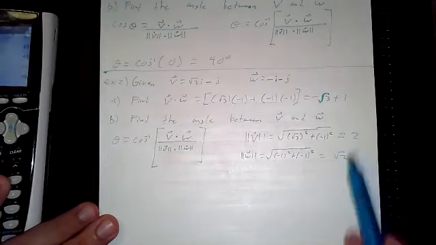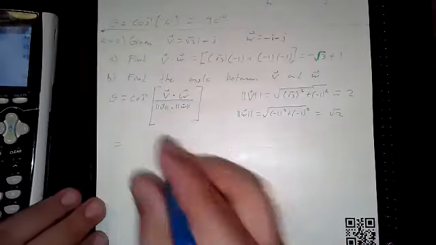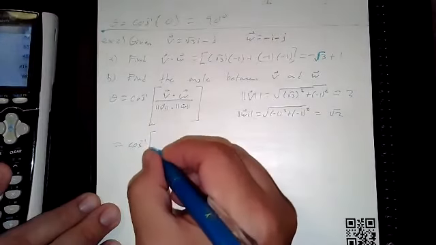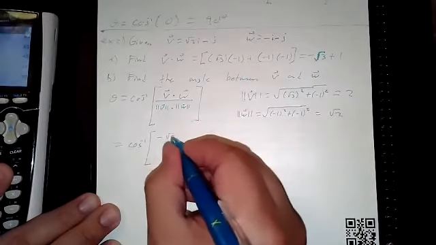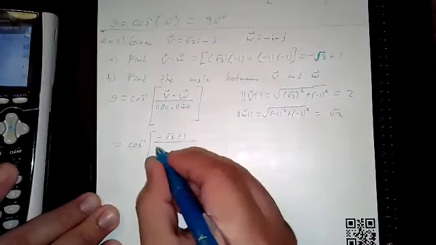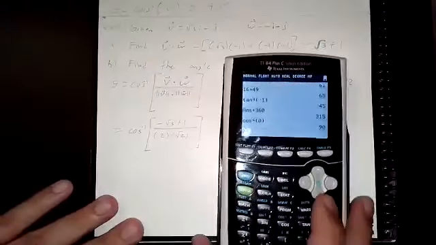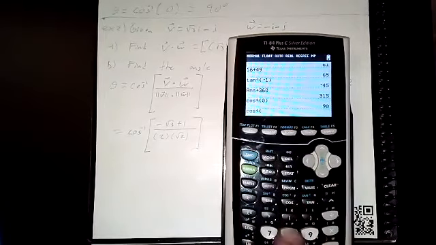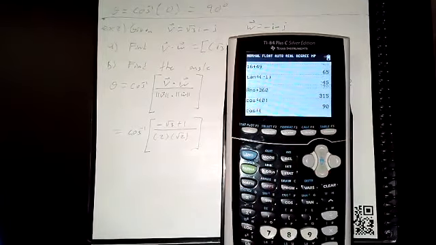So now we've got the pieces that we need. So theta will be cosine inverse of the dot product, which we did up here, negative root 3 plus 1, divided by 2 times root 2. So I'm just going to punch that whole thing into the calculator. I don't want to deal with it by hand. With cosine inverse, I advise you put a fraction in there, and if you can't, put correct parentheses.